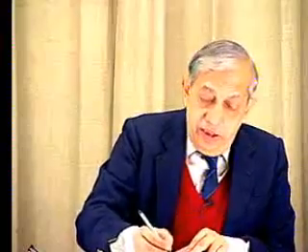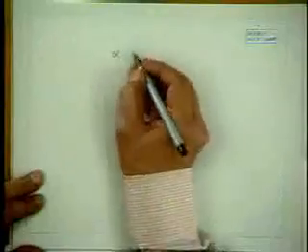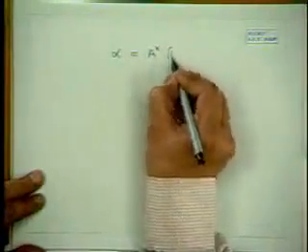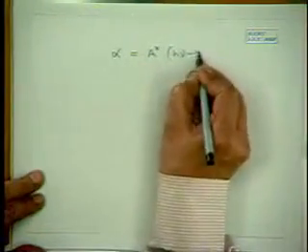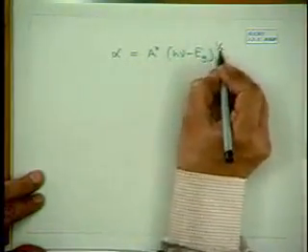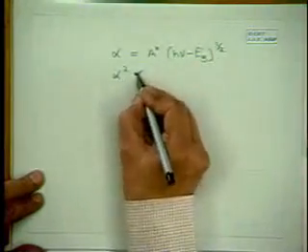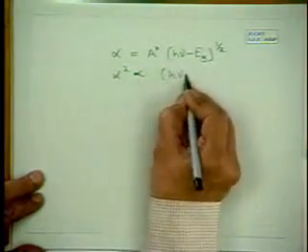So if alpha is equal to A star h nu minus Eg to the power half, alpha squared will be proportional to h nu minus Eg.